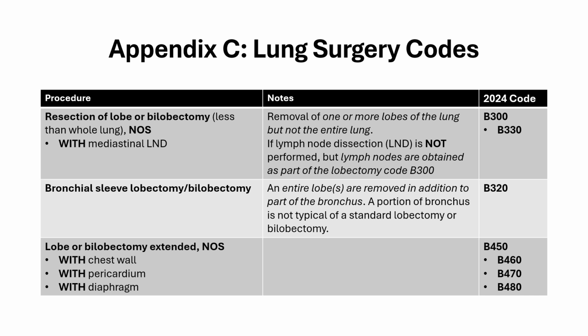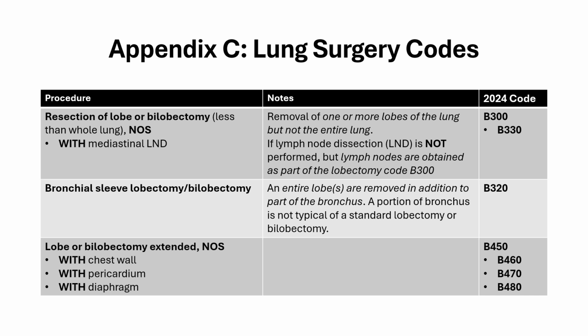For bronchial sleeve lobectomy, this is an entire lobe or lobes removed in addition to a part of the main stem bronchus. Now, this is not typical or standard lobectomy or bilobectomy. So that's not typical for this to occur.